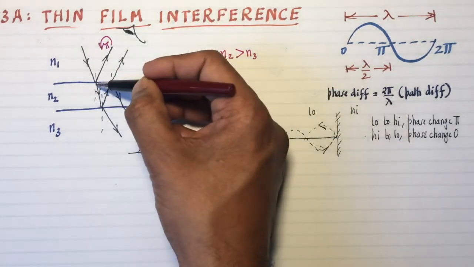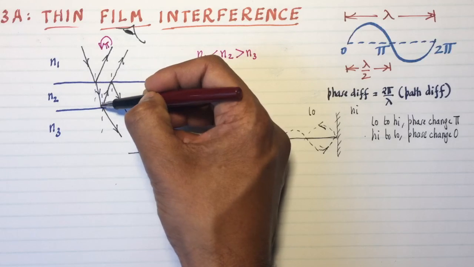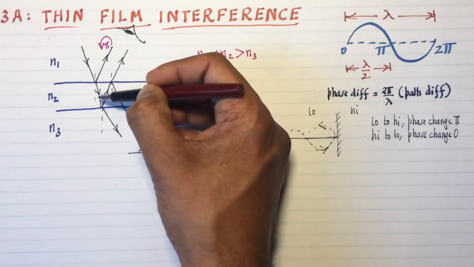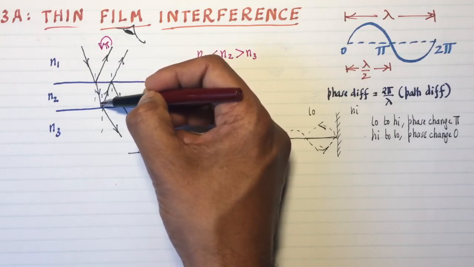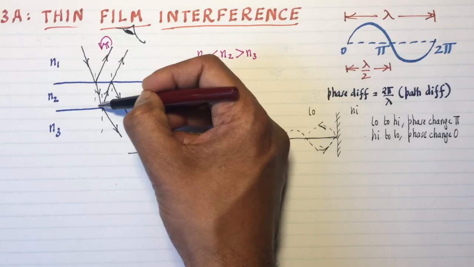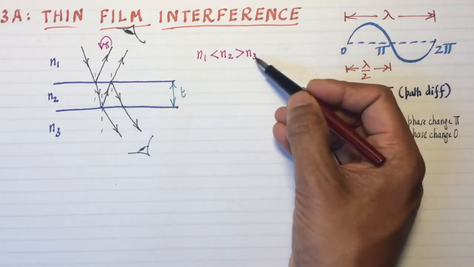Now what about this ray? It's the one that's transmitting through, it's not reflecting, so transmitted rays have no phase change. It just goes right through. And then from here there's a boundary, and it's going from high to low because N2 is bigger than N3.